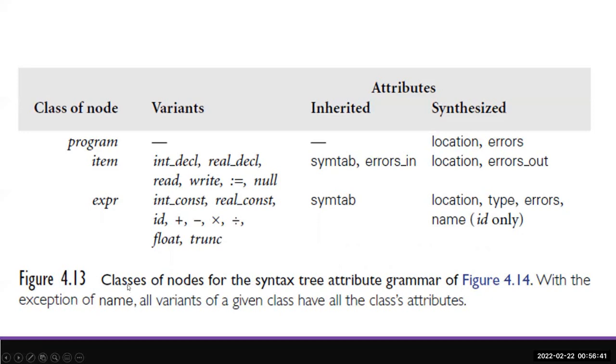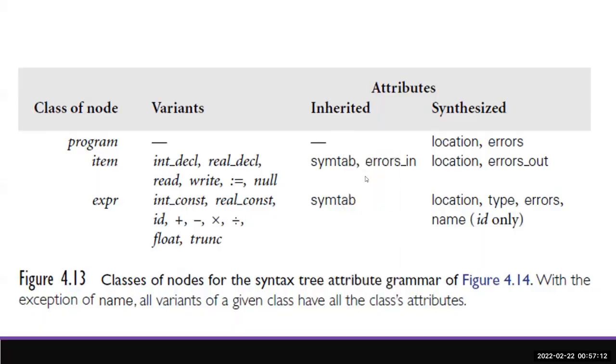So right here, we have classes of nodes for the syntax tree attribute grammar. Here we have a program, which has no variant, and then program inherits no feature, and then items. These are variants of items, and expressions, these are variants of expressions, okay. We have different attributes for these different ones.